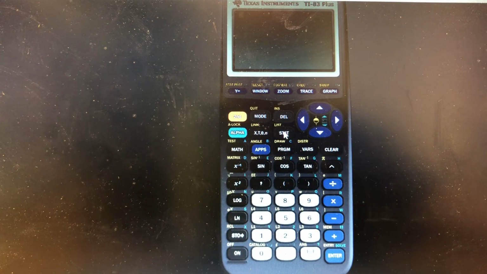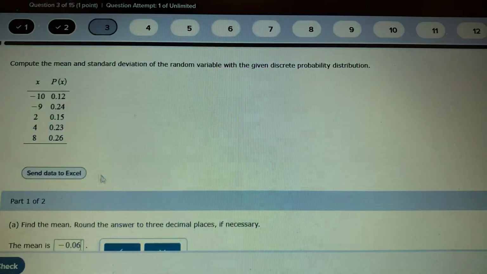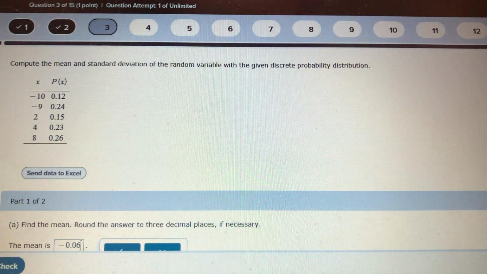I can go to Stat, and while it's on Edit, press Enter. Put all these x's in L1: -10, -9, 2, 4, and 8.